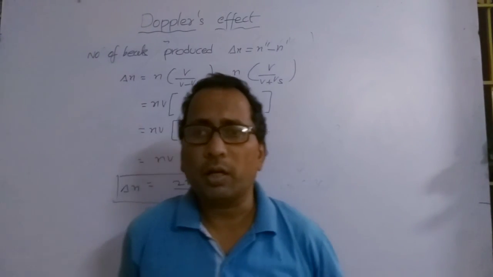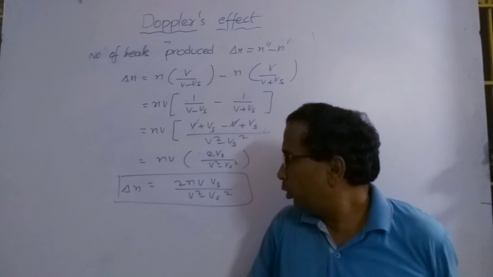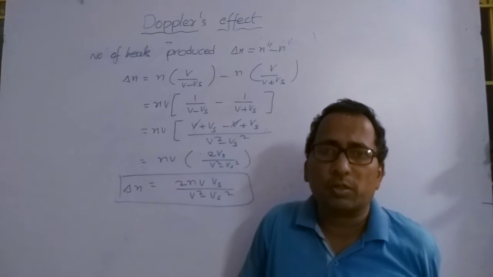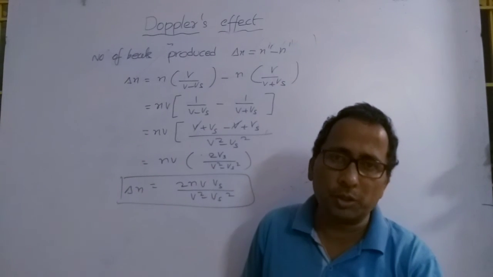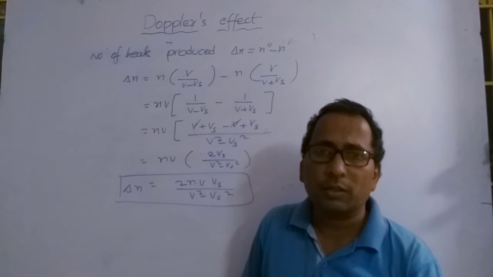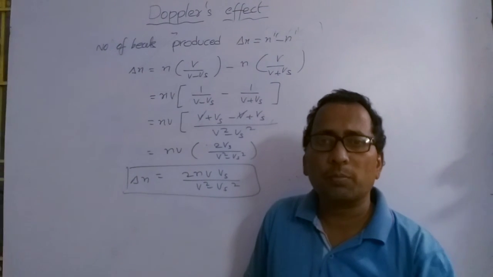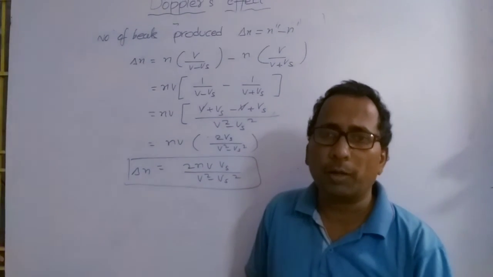Now the number of beats produced in this condition is 2n into V into Vs by V square minus Vs square. If an approximation is given in the options, then the velocity of the source is ignored. That means when compared with the velocity of sound, the source and observer have small velocities, only then the Doppler effect is applicable.